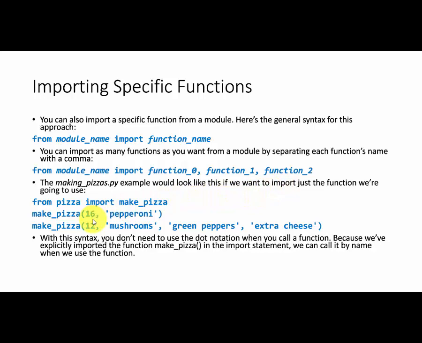In the makingpizzas file you write: from pizza import make_pizza, make_pizza1, make_pizza2, like that. You don't need to use the dot notation when you call a function here. Directly call make_pizza and pass the arguments. Since we have imported the function name make_pizza, you don't need the dot operator.